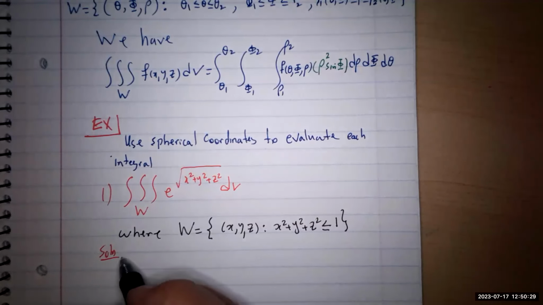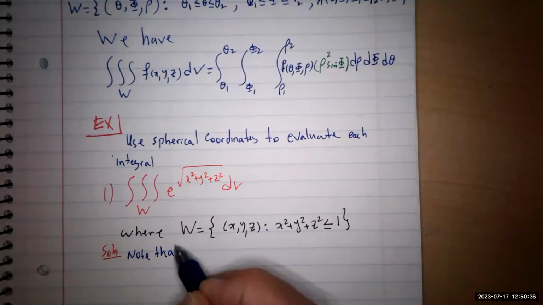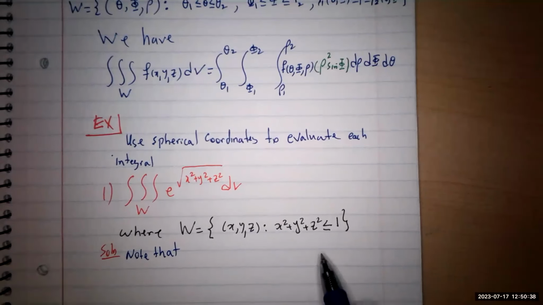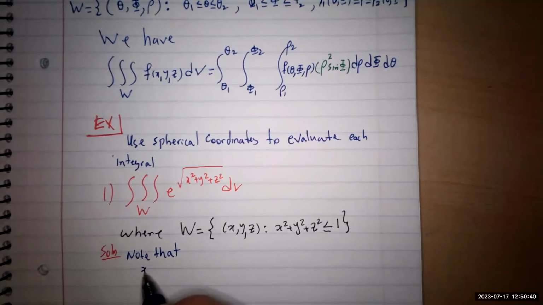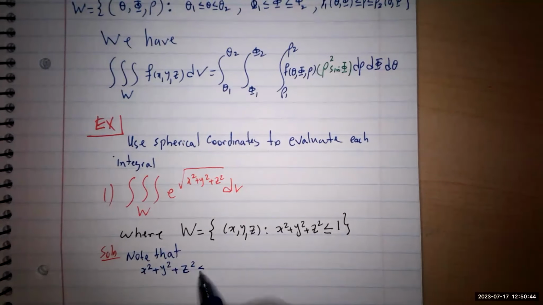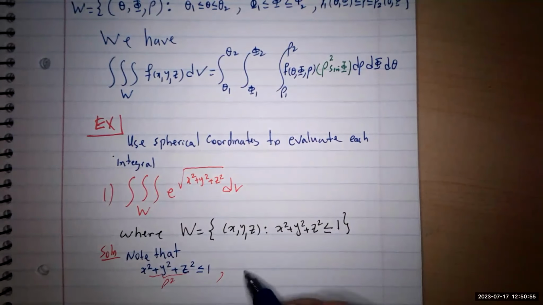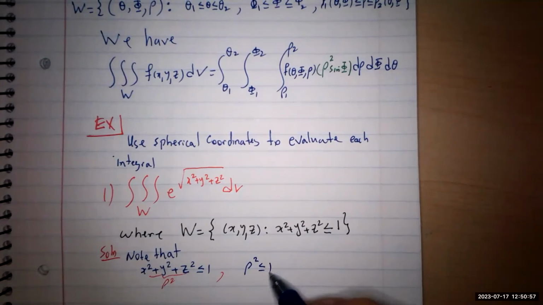So we are going to check what the limits of integration are. We have x squared plus y squared plus z squared less than or equal to 1. Quickly we switch it, so this is rho squared. This means rho squared is less than or equal to 1.